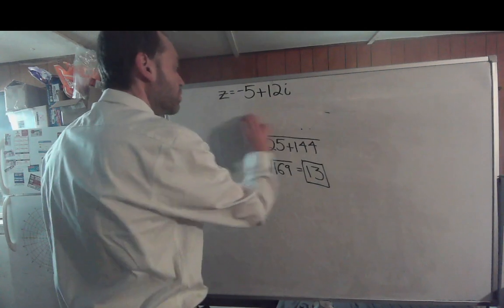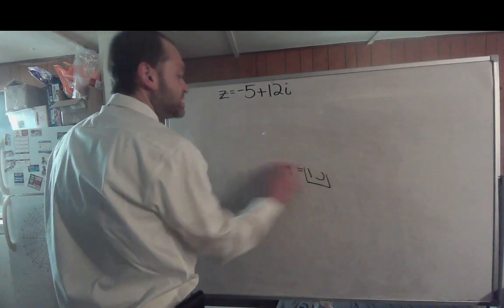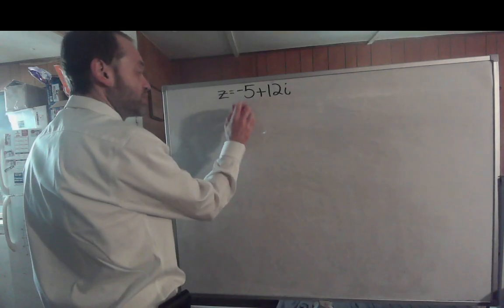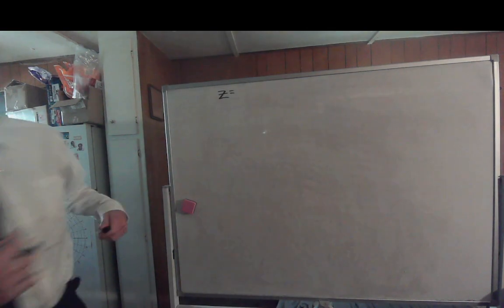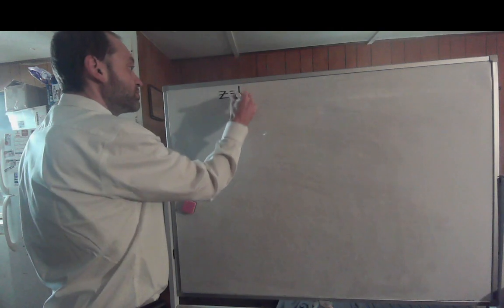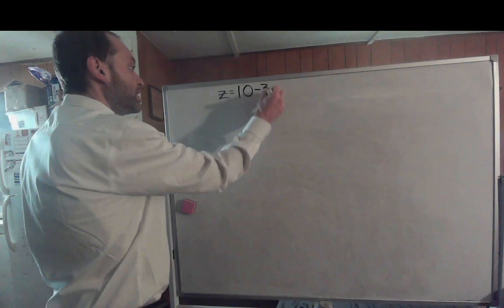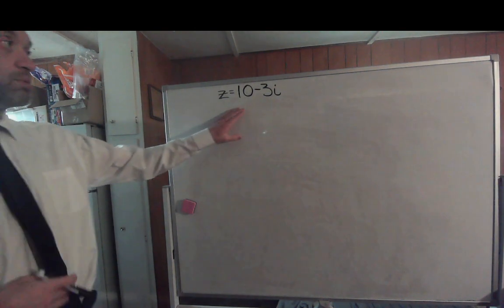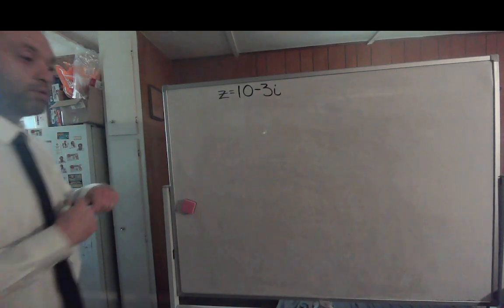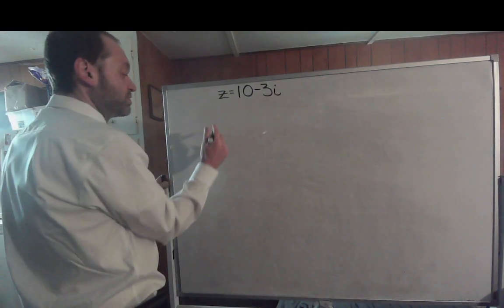Let's do one more, and then we'll move on to actually expressing the trigonometric form of a complex number. z equals 10 minus 3i. So you have the complex number z equals 10 minus 3i. Okay, so let's go ahead and find the absolute value.